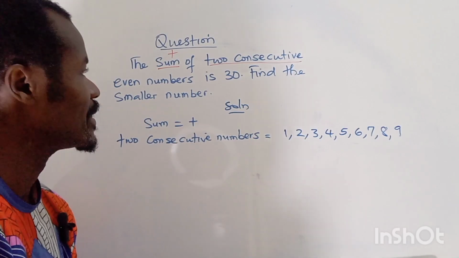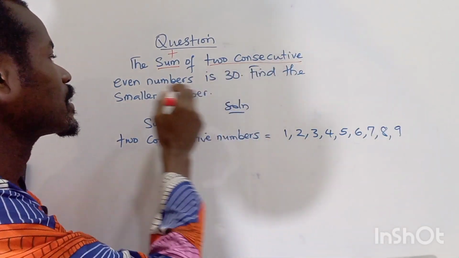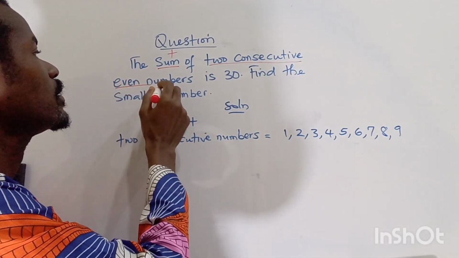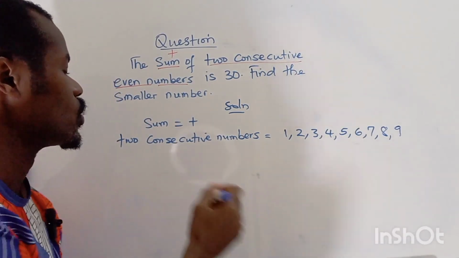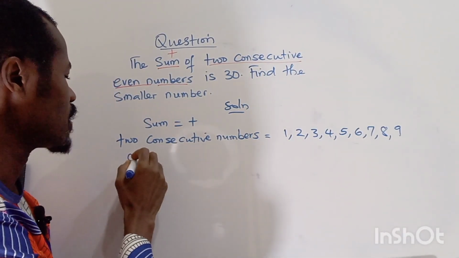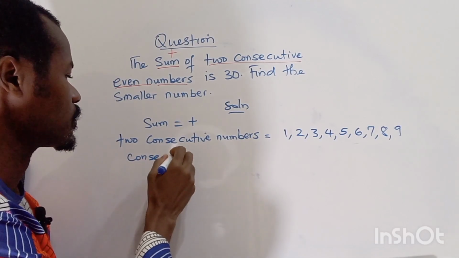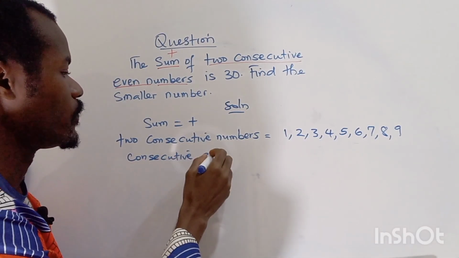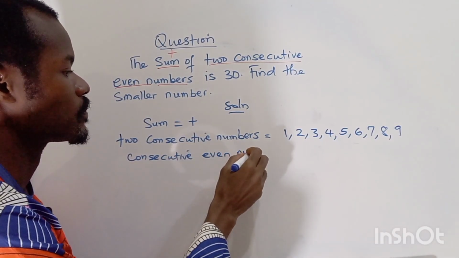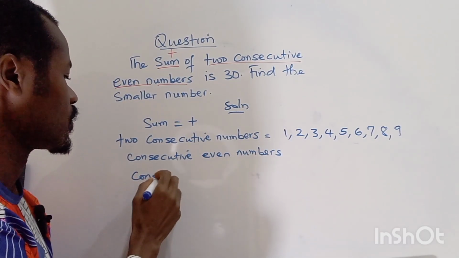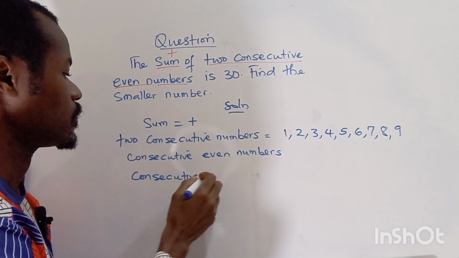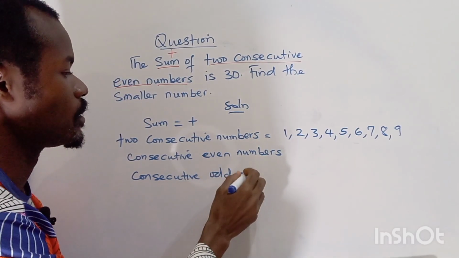But if we look at this question, it says two consecutive even numbers. So we have a given condition. So when we say consecutive even numbers, we can also say consecutive odd numbers.